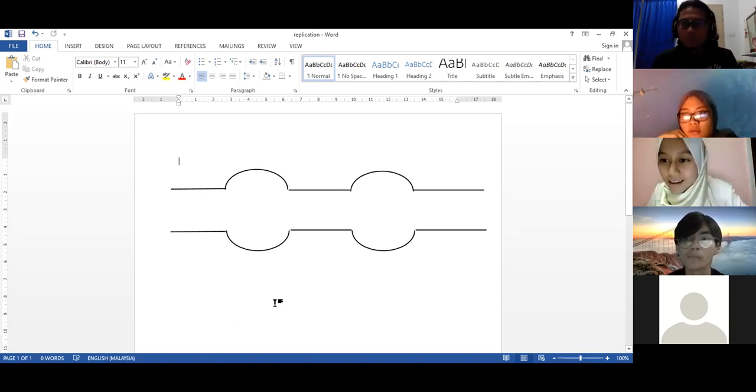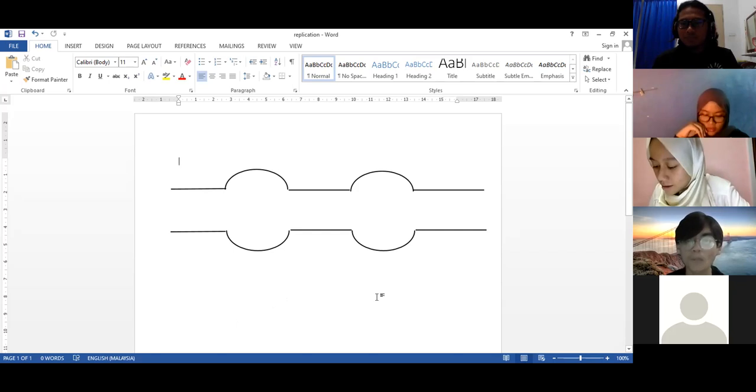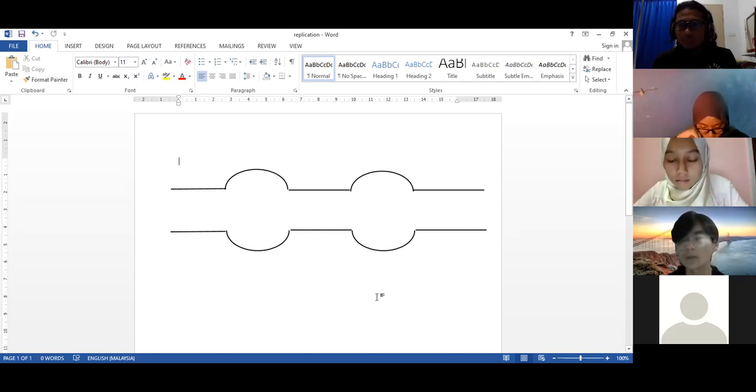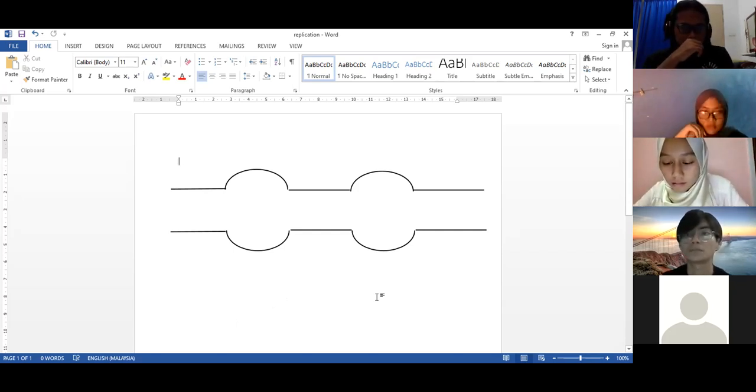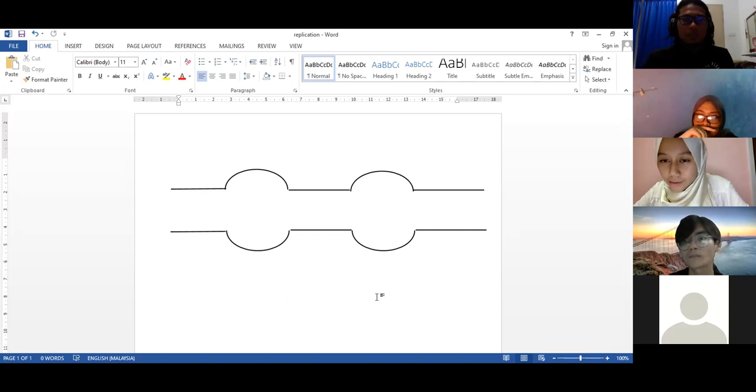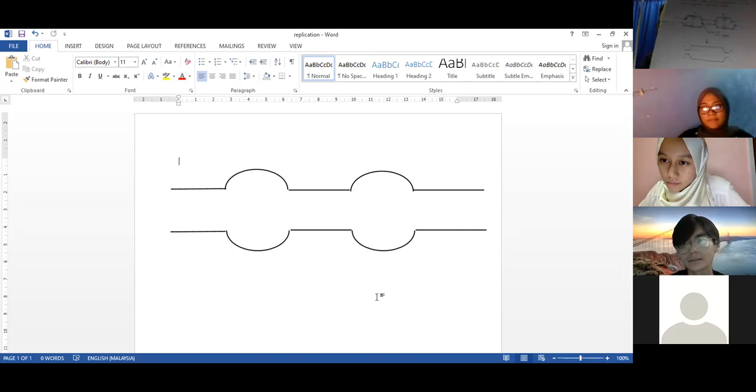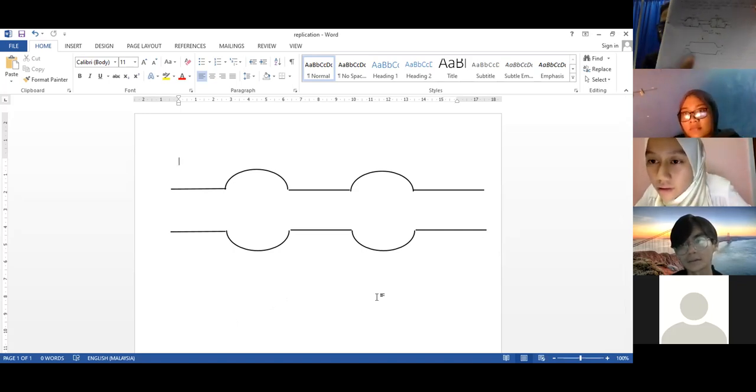So for this question, do we have to illustrate until the end of replication, or just illustrate like this? I think we should illustrate like Alia, I did the same, until it becomes fused, so until it becomes two different strands.